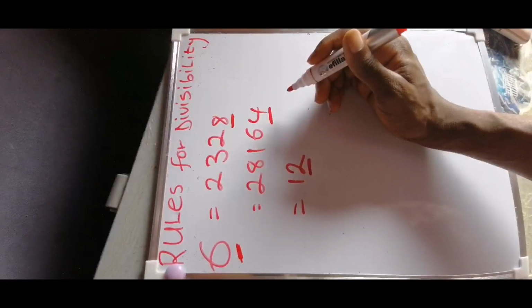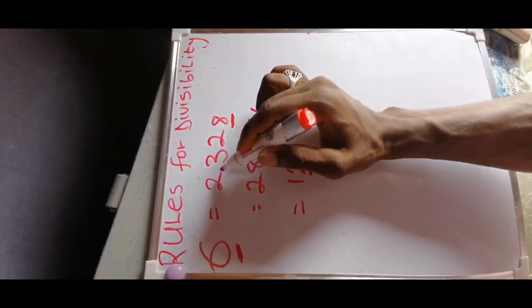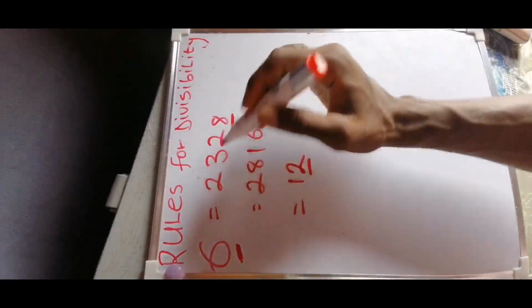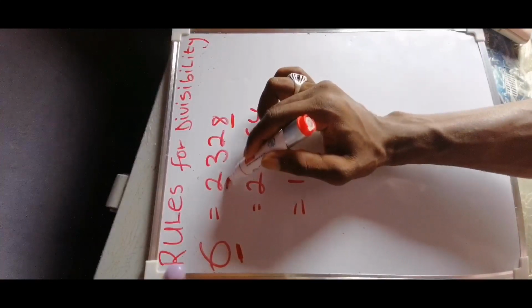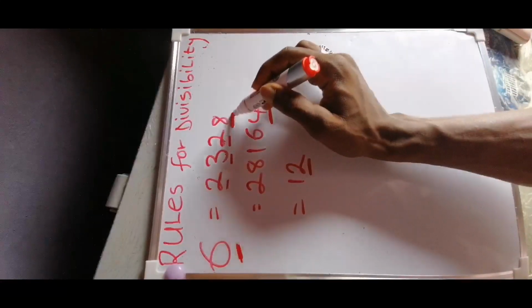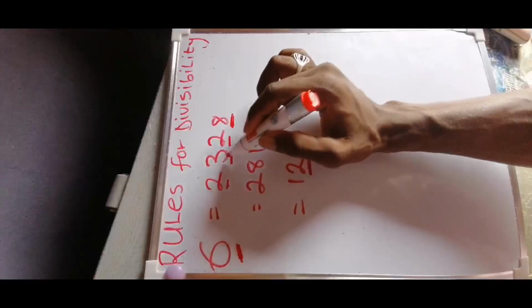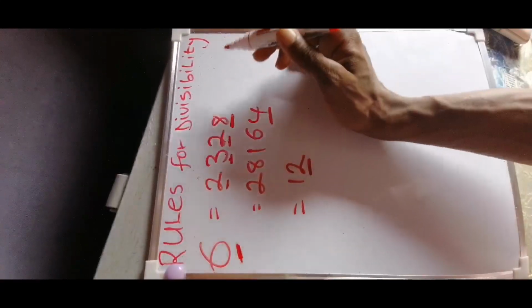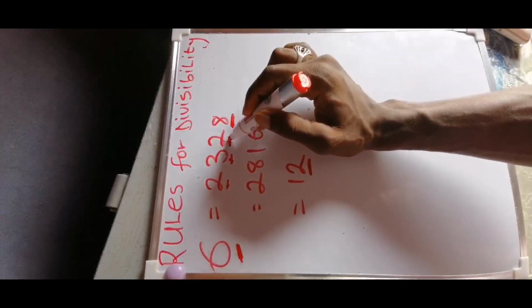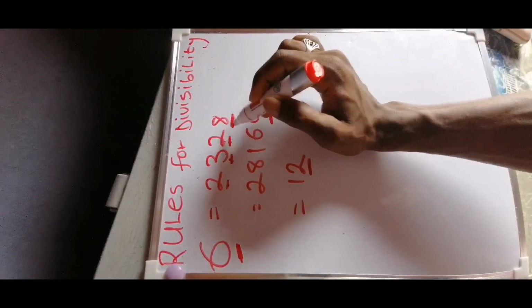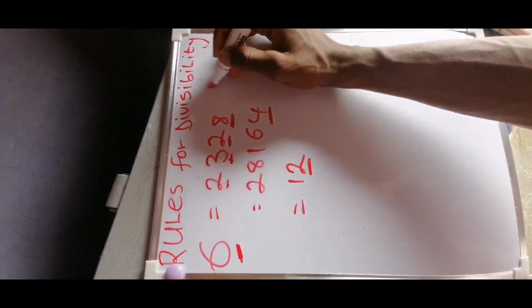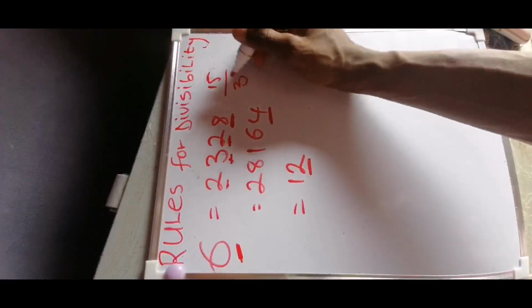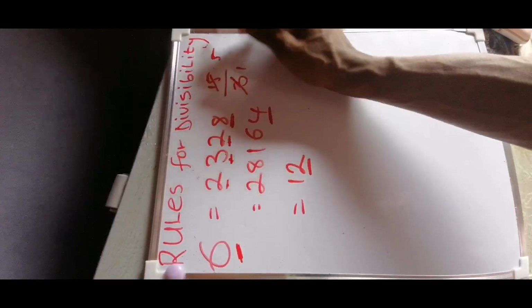If the sum of the digits can be divisible by 3, here we have 2, 3, 2, 8. So 2 plus 3 is 5. 5 plus 2 is 7. 7 plus 8 is 15. So 15 can be divisible by 3. 3 here, 1, 3 here, 5.